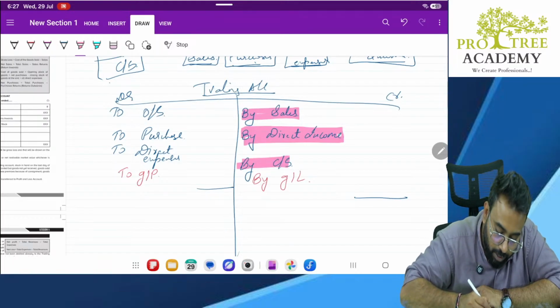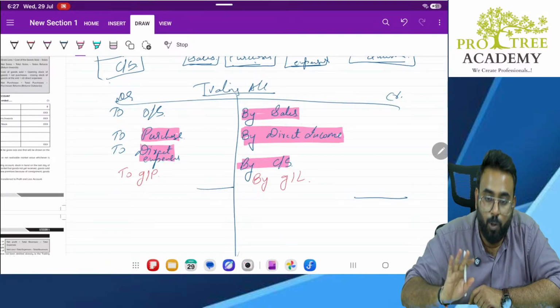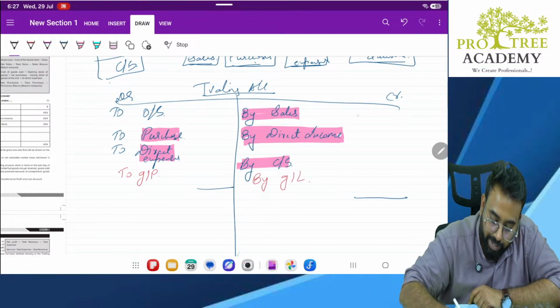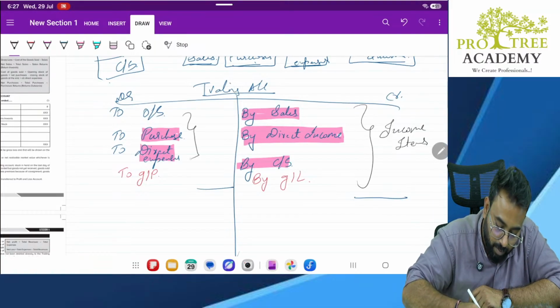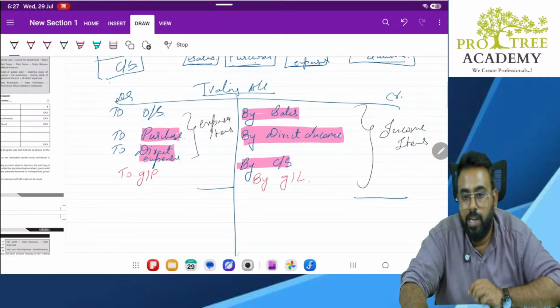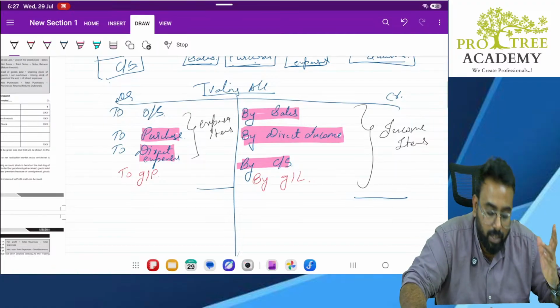On the debit side, what we are showing? Purchases, direct expenses. If you look carefully, your income items are coming on the credit side and your expense items are coming on the debit side.